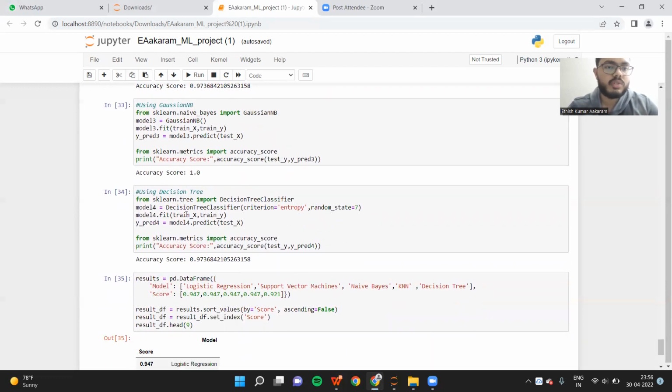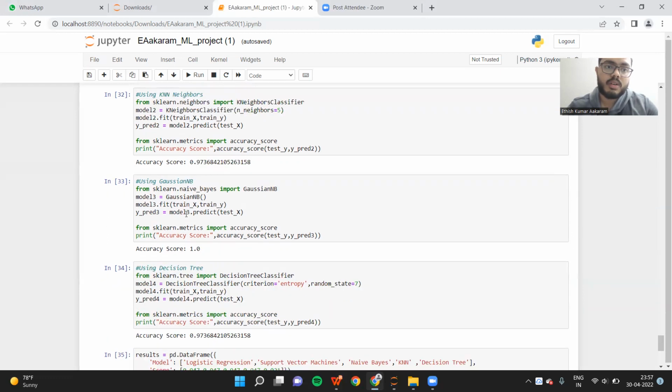Using a decision tree also does a pretty good job with this kind of continuous data set, data sets which are not discrete. And you can say Gaussian naive Bayes is also good when we have dependent values, let's say true or false, yes or no, these kinds of binary situations where we have the Gaussian naive Bayes or the general naive Bayes.